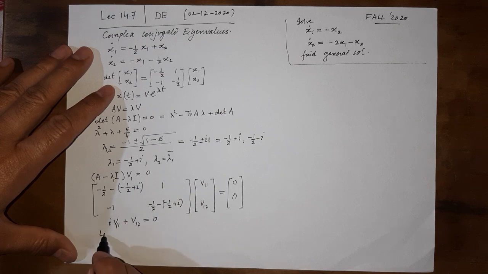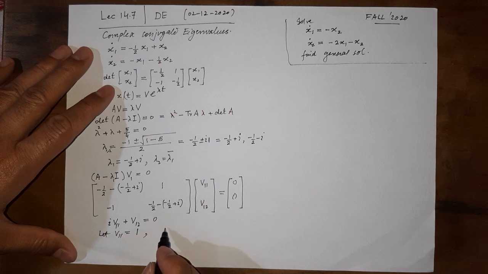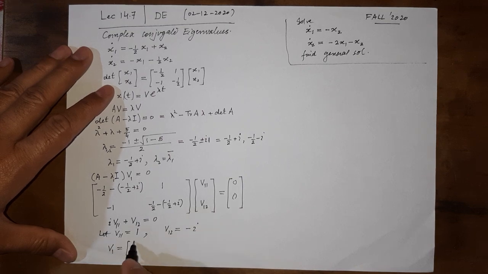So let us take the first element to be 1, then v12 would be minus iota and v1 would be equal to 1, minus iota. You can solve it completely to see that v2 would be equal to the conjugate of this, so that is 1 and iota, for lambda 2 is equal to minus half minus iota.